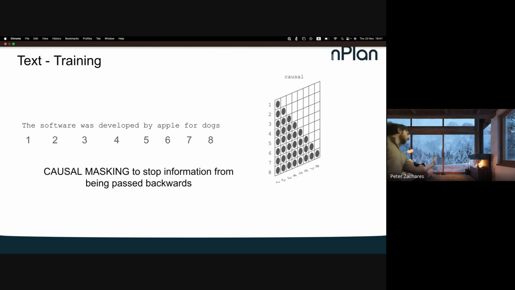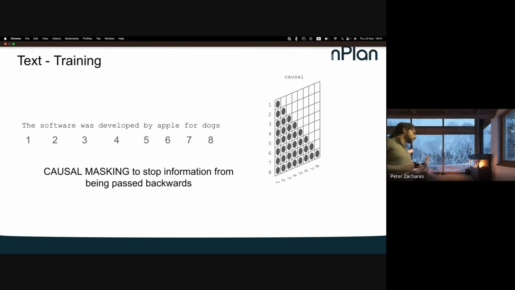So if you were token 4 in a transformer without causal masking, it would take all of the other tokens' representations and that token's representation and aggregate them in some way to get a new representation for token 4. But with causal masking, it just takes all of the ones beforehand. And that's how the model learns to generate, even though at training time, it's seeing the full sequence that it's trying to generate.